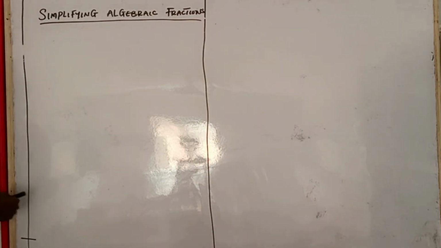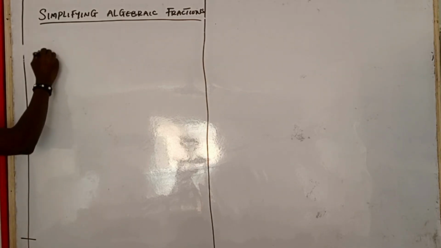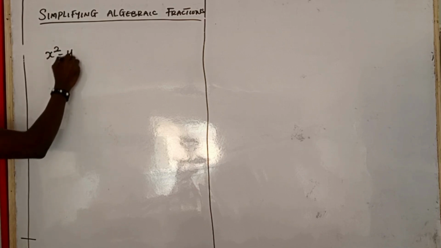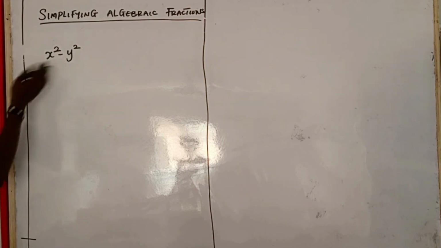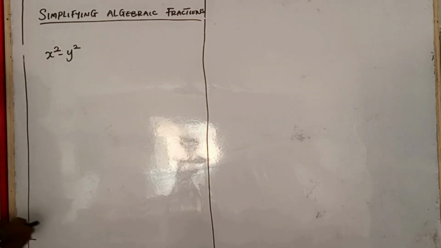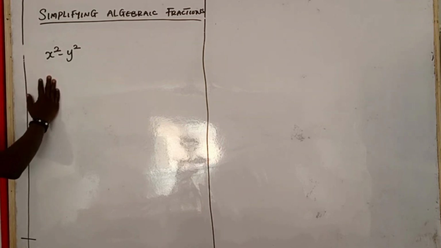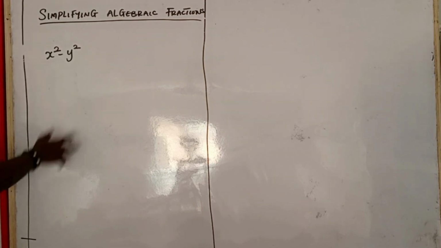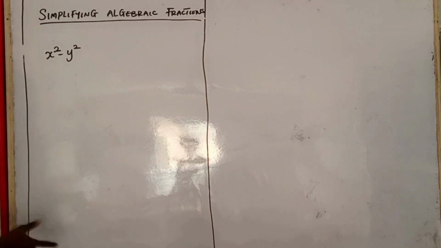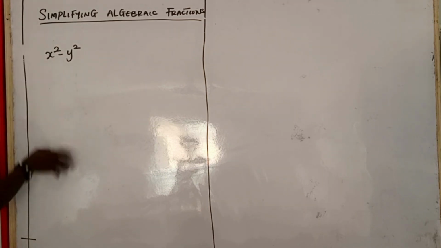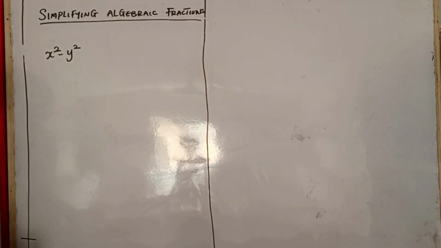For an expression to be a difference of two squares, it means when you have an expression like x squared minus y squared. This is what we call difference of two squares, because x is squared, y is squared, meaning you have two squares there. Difference in mathematics simply means minus.